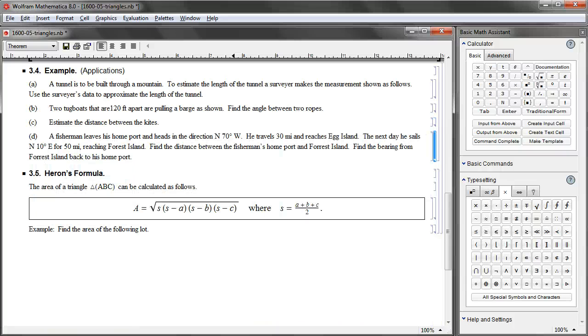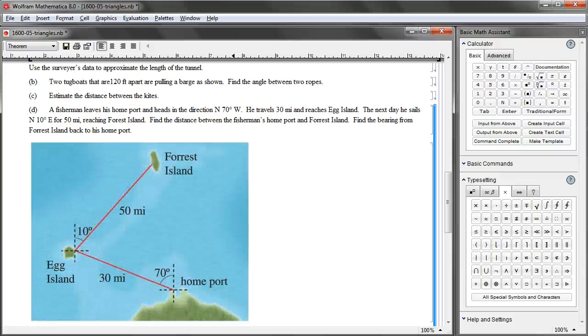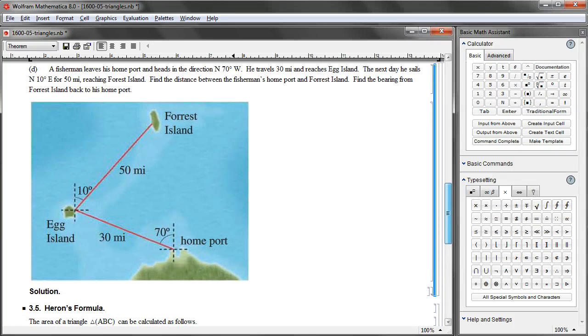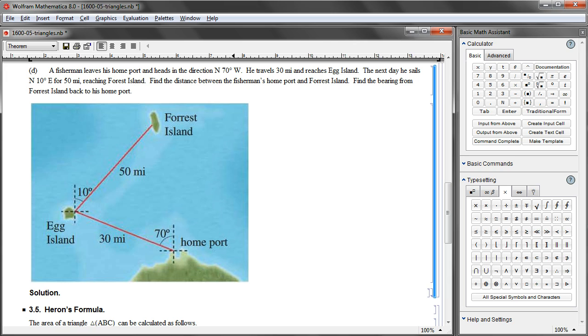Now problem D is going to be far more challenging, and I'm just going to read and explain the problem. I'm not going to do this problem for you here. It's left to the students. A fisherman leaves his home port and heads in the direction of north 70 degrees west, as you see in this picture.